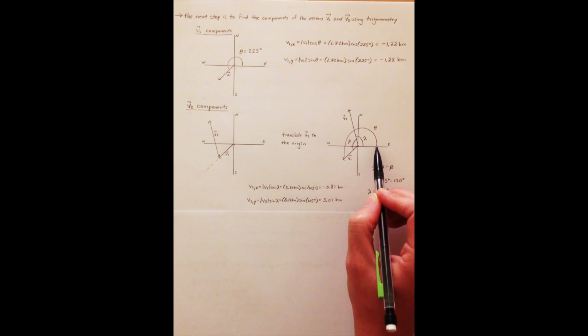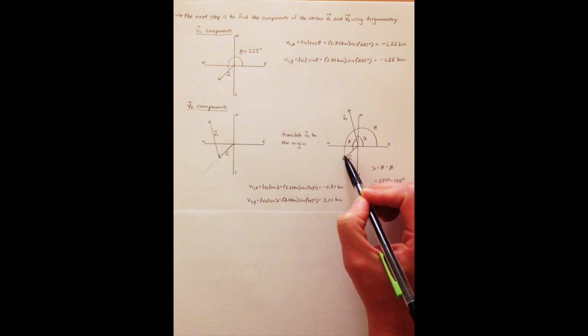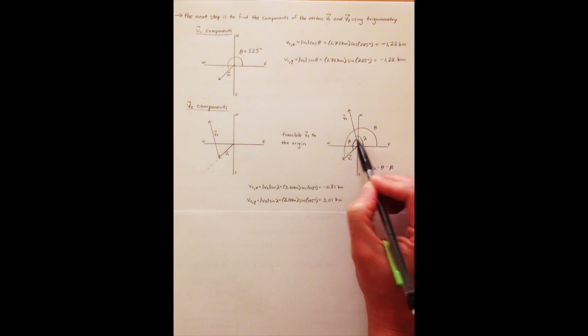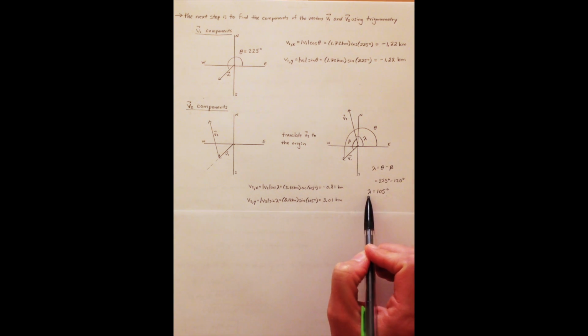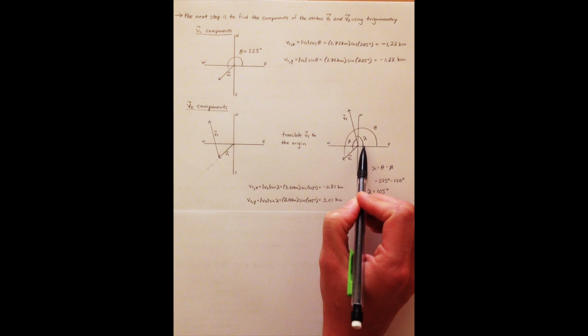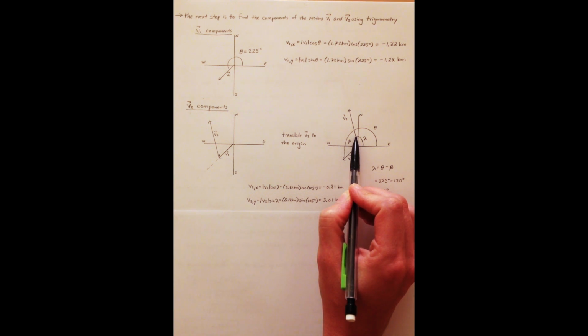To find lambda, we take the value of theta, 225 degrees, and subtract from it beta, 120 degrees, which leaves us with a value of 105 degrees for the standard angle of the vector v2.